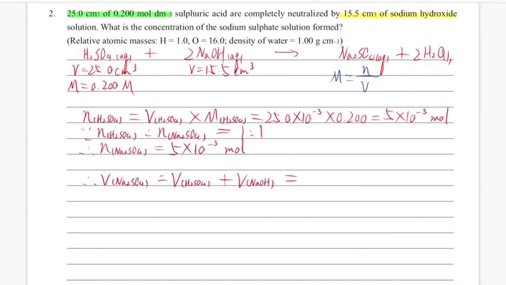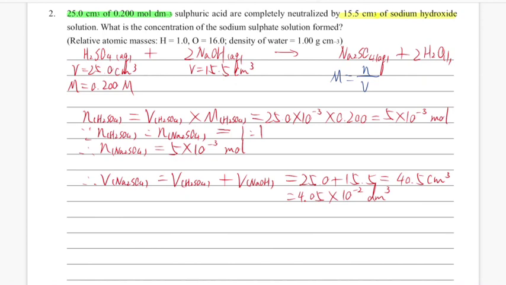So it will be 25 plus 15.5, which gives you 40.5 cm cubed, and when we do unit conversion, it will become 4.05 times 10 to the power of minus 2 cm cubed.